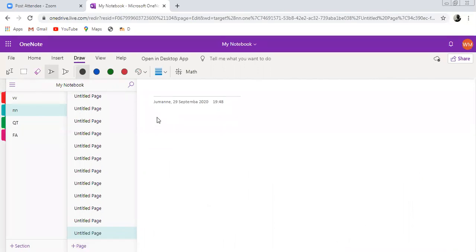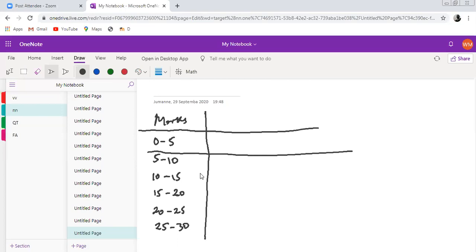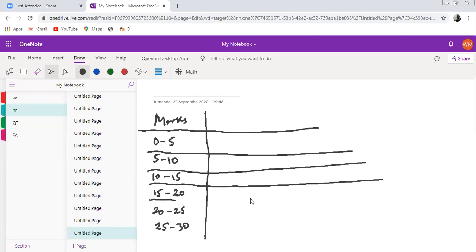If we were given the marks, maybe the students scored 0 to 5, 5 to 10, 10 to 15, 15 to 20, 20 to 25, 25 to 30. And you are told to calculate the median given the frequencies, they were as follows.